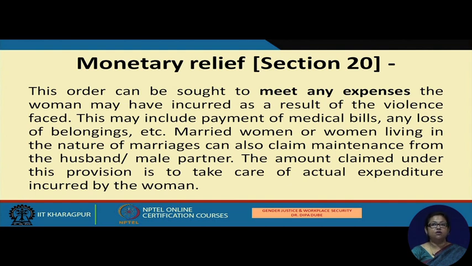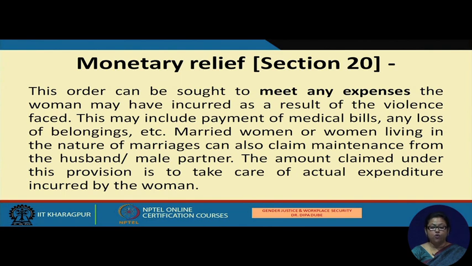Demands in terms of maybe medical bills, any loss of belongings, etc., the necessary expenditures which she has incurred. It also allows the woman to claim maintenance from her husband and the other expenditures that she has incurred in the entire process.